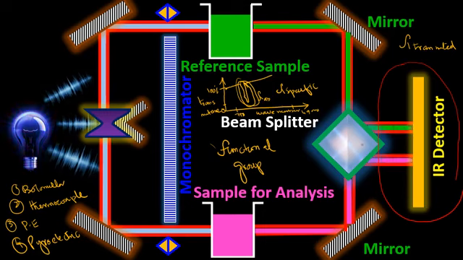On the basis of the infrared radiation spectrum and the absorption it shows, we identify the functional groups as well as the chemical bonding in an unknown compound.